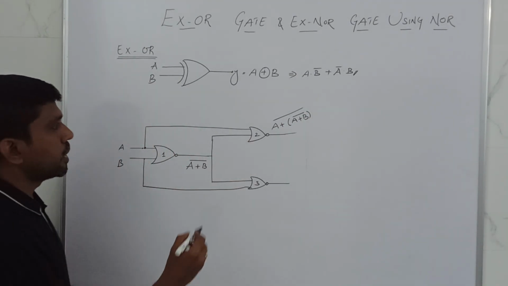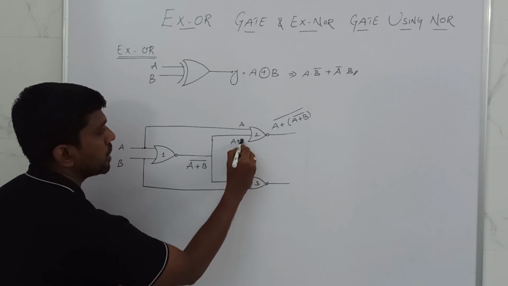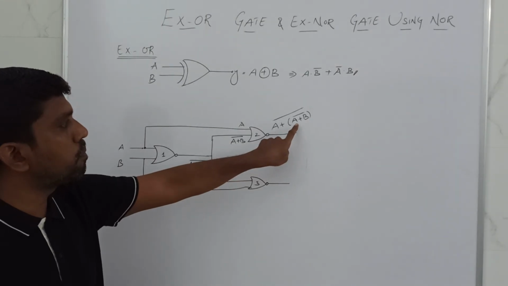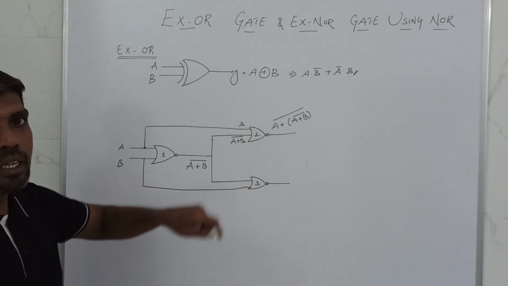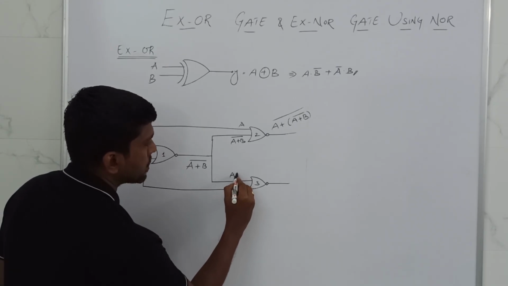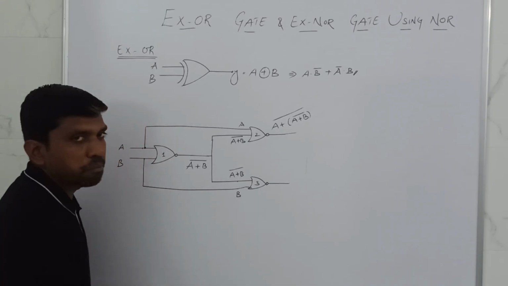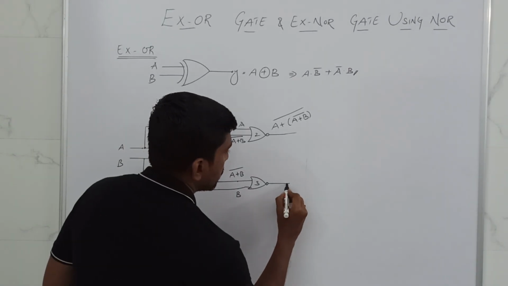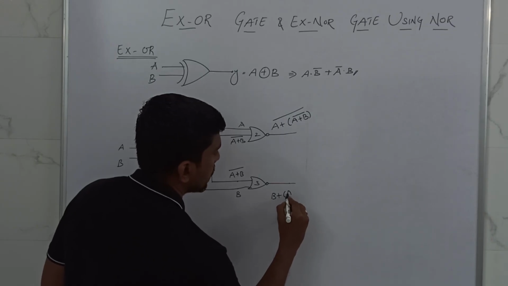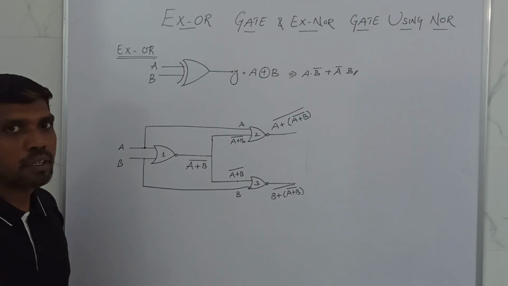The third NOR gate has first input A plus B bar and second input B. The third NOR gate output is B plus A plus B bar whole bar.